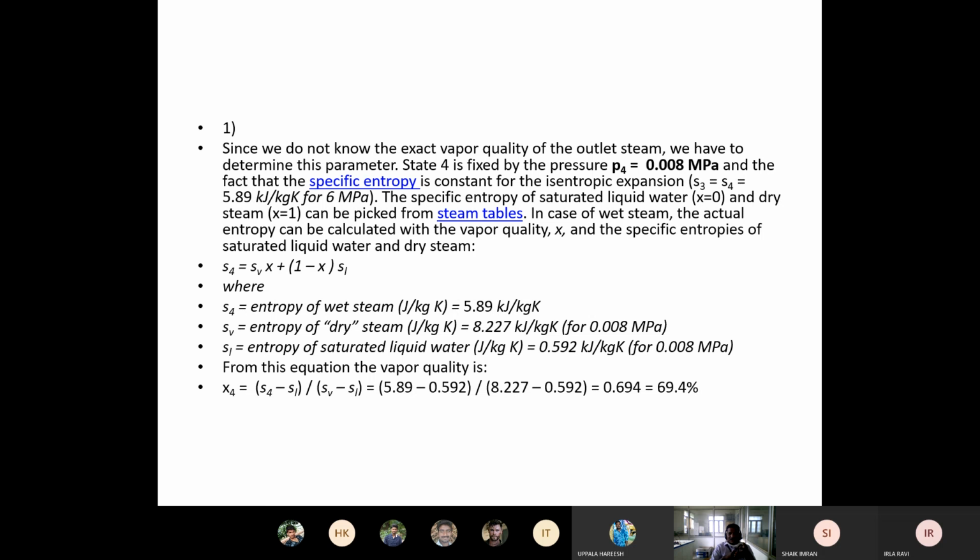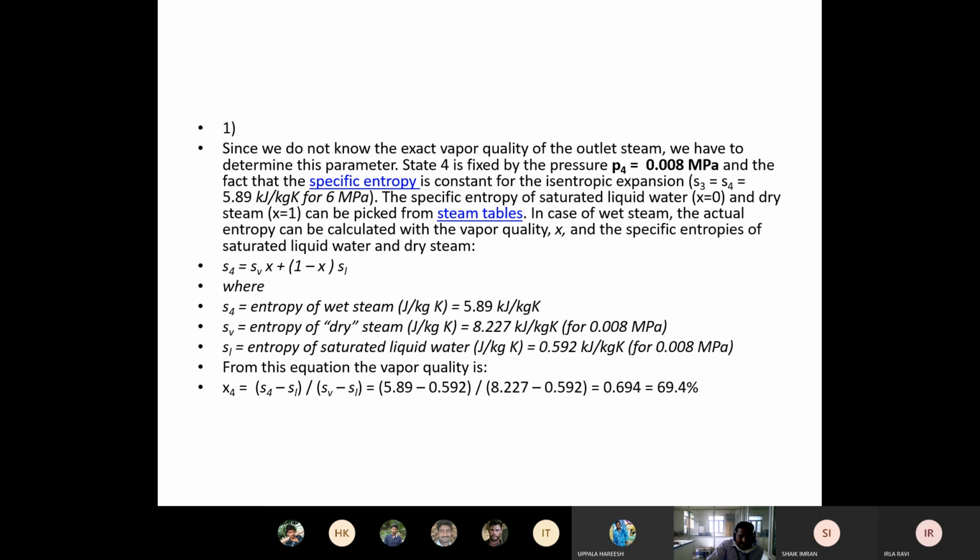Vg is the specific volume of the vapor. Hg is the specific enthalpy of vapor or steam. Hf means enthalpy of the liquid. Hfg means latent heat of vaporization. Sf means specific entropy of the liquid. Sg means specific entropy of the vapor. Sfg means entropy of evaporation. All these values will be taken from steam tables.